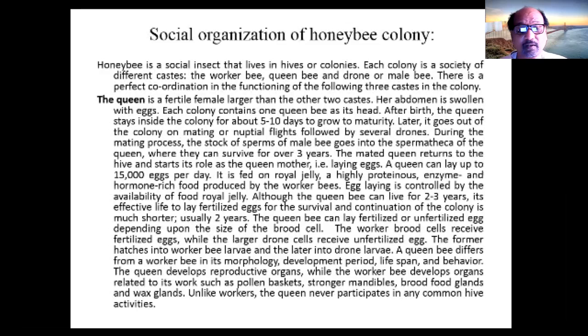The queen bee differs from the worker bee in its morphology, development period, lifespan, and behavior. The queen develops reproductive organs, while the worker bee develops organs related to its work, such as pollen baskets, stronger mandibles, brood food glands, and wax glands. Unlike the workers, the queen never participates in common hive activities.